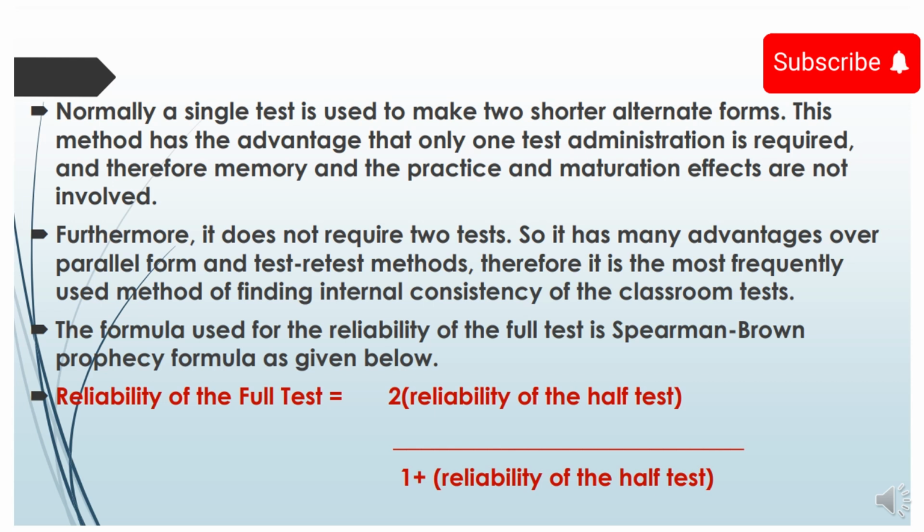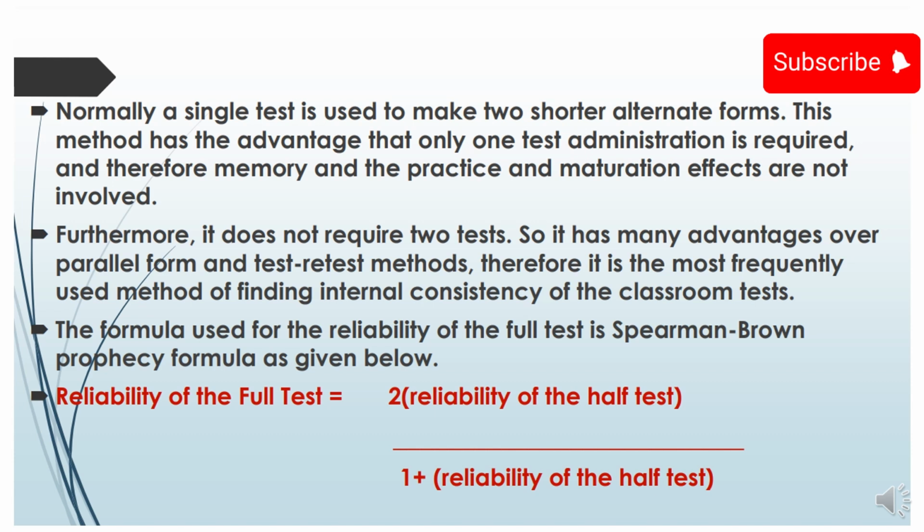This method has the advantage that only one test administration is required, and therefore memory, practice and maturation effects are not involved. Furthermore, it does not require two tests, so it has many advantages over parallel form and test-retest methods. Therefore, it is the most frequently used method of finding internal consistency of the classroom test.